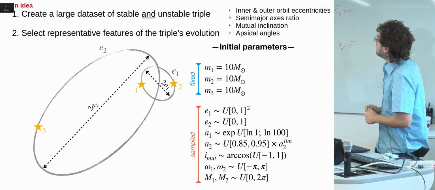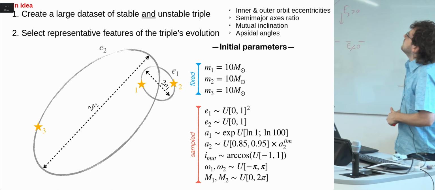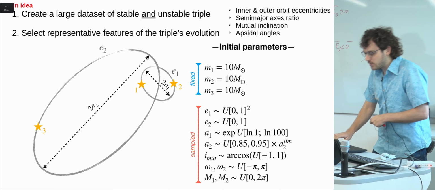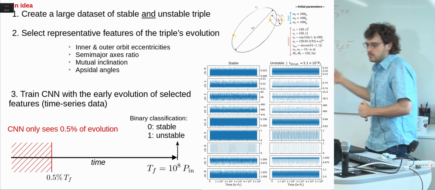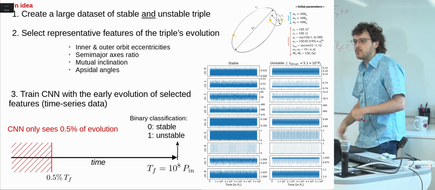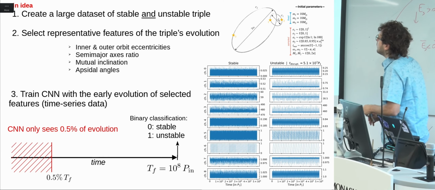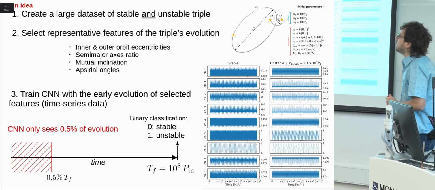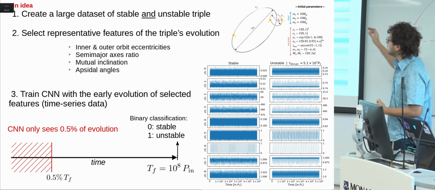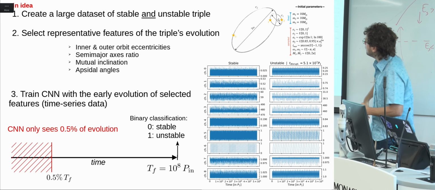So what we did is to create a large data set of stable and unstable triples and feed this to a convolutional neural network. And we know if a triple is stable or not because we have integrated it, so we can do supervised learning. We feed the convolutional neural network with a time series of the Keplerian elements evolution of this triple system.